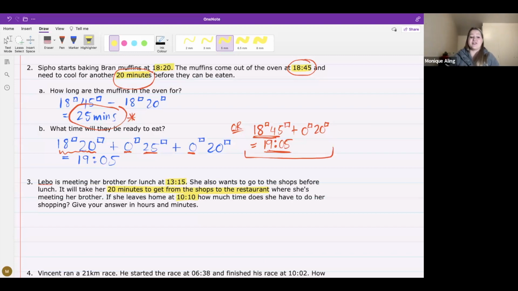So we want to know, how much time does she have to do her shopping? So we've got the time she's leaving home, how much time she needs to leave the shops to go meet her brother at 13:15. I'm going to give you guys a couple of minutes to figure this one out for me.